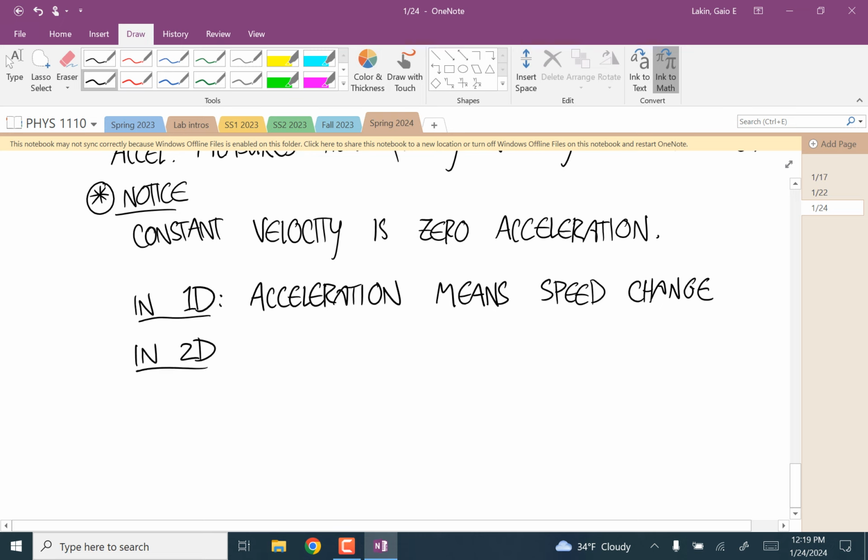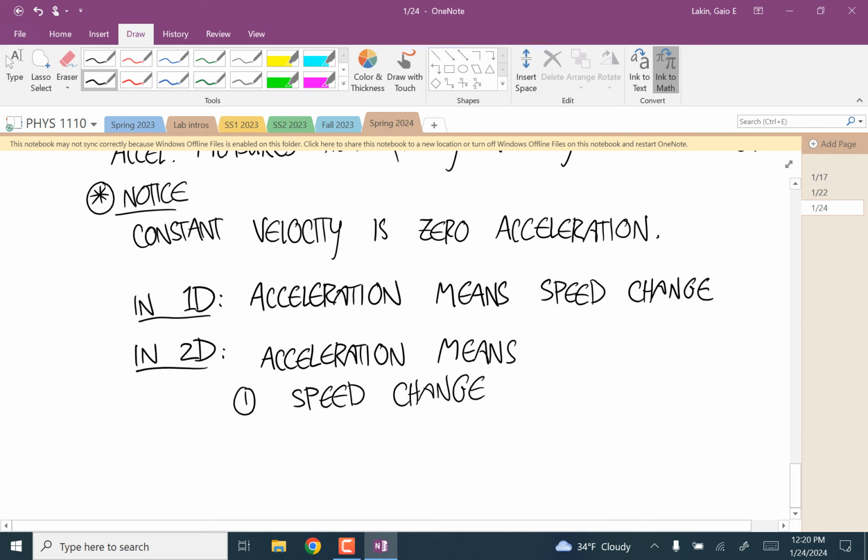We're not at 2D stuff yet, but in 2D, it gets a little more complicated. It can mean speed change. Or it can also mean that the object is turning.